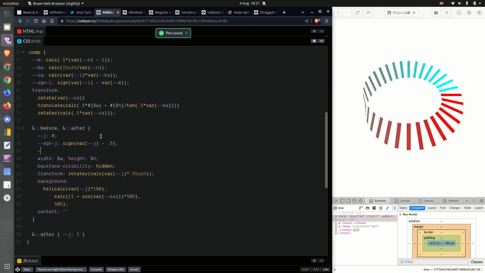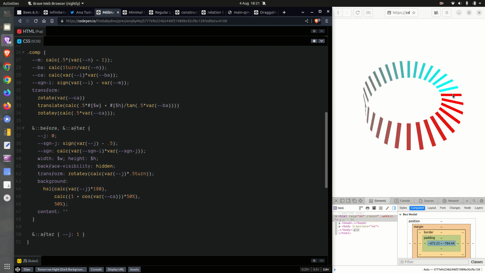And then we're going to compute sign, which is going to be calc sign of I times sign of J. Because if we were to use just the sign of I right here, then the hue wouldn't depend on the face.